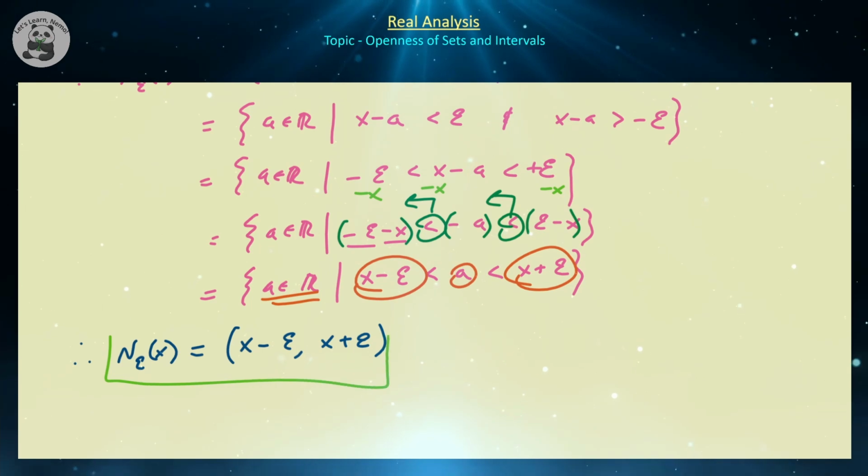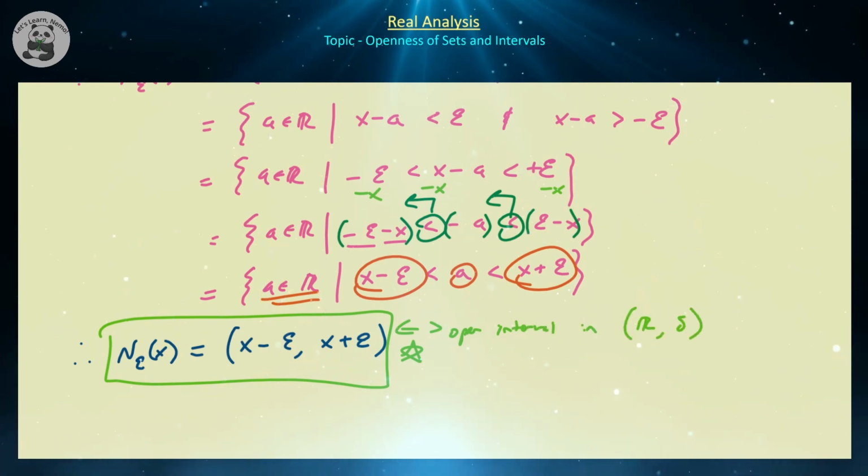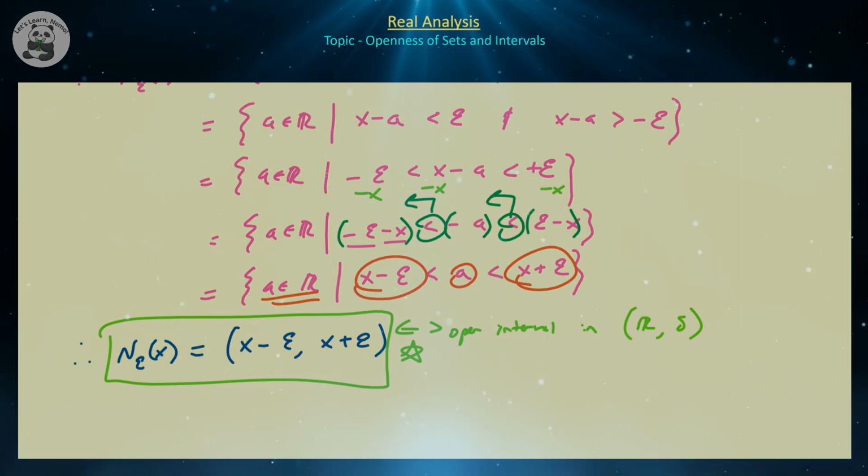So this is what epsilon neighborhoods look like inside of the metric space R with delta, where delta is just that absolute value of distance, right? So a neighborhood is equivalent to this open interval in R delta. And that's pretty interesting and very important to keep in the back of your mind.